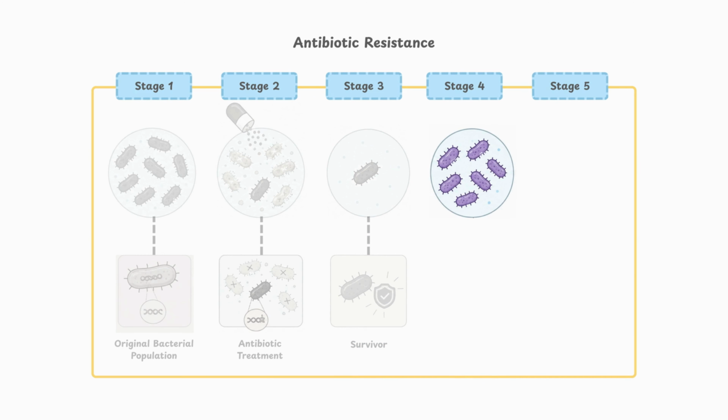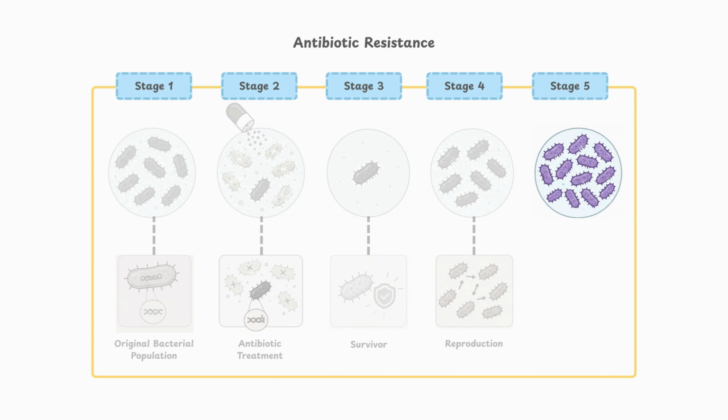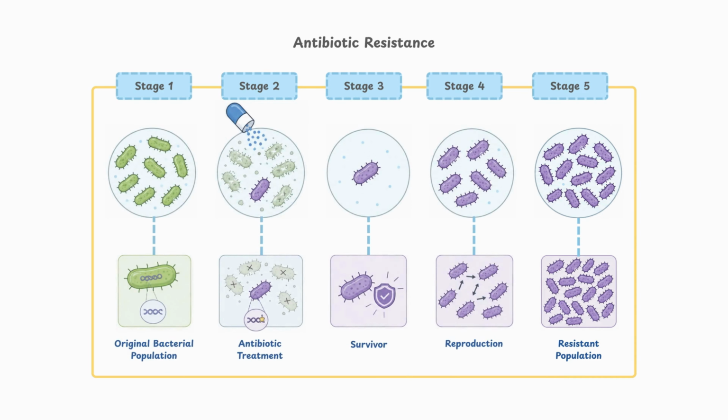With less competition for space and nutrients, the surviving bacterium reproduces rapidly. As it reproduces, it passes the resistance gene to its offspring. Over time, the number of resistant bacteria increases until a large proportion of the population is resistant to that antibiotic. As a result, infections become much harder to treat, making antibiotic resistance a major concern for healthcare systems around the world.